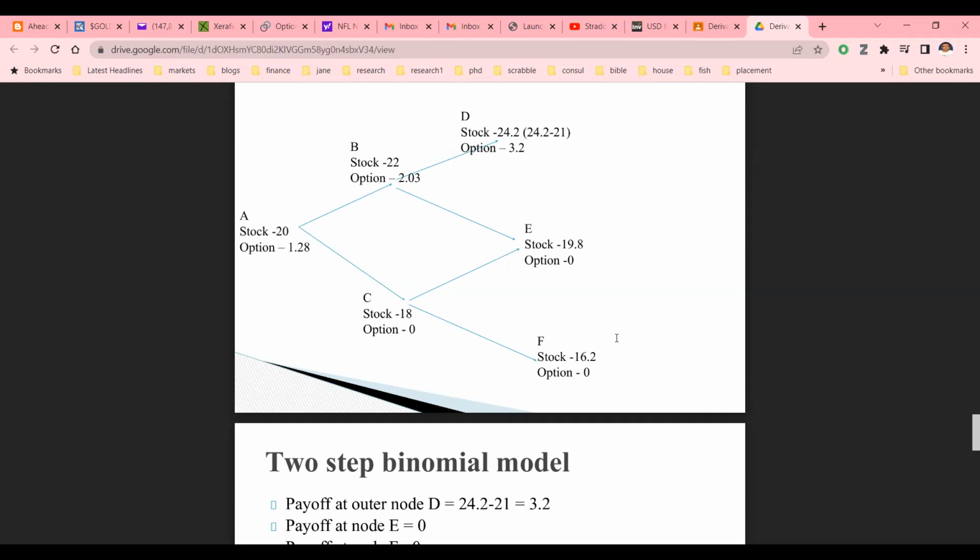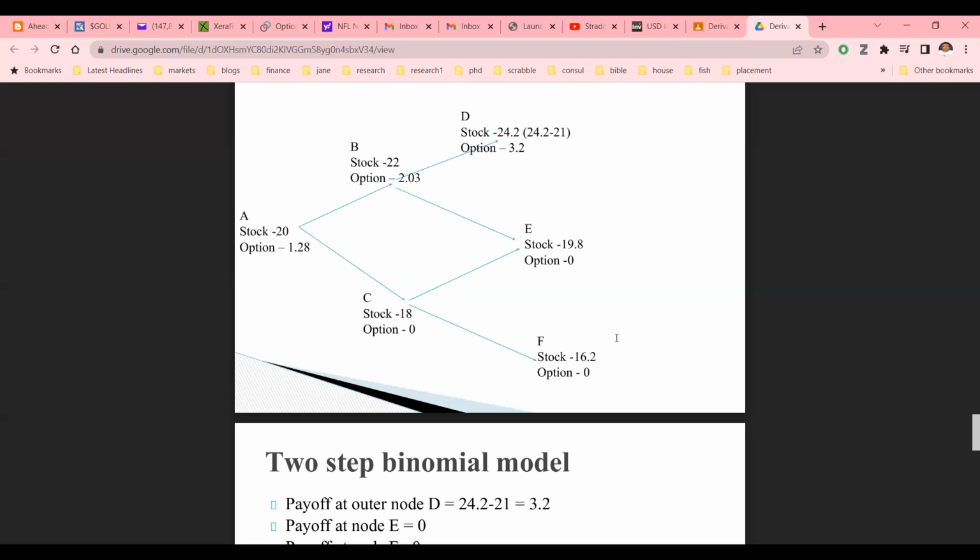Okay, so very simple question here. D, E, and F are at expiry, I said. And how do you calculate the value of the call option? Intrinsic value. So there is no time value here. How do you calculate? Difference between strike price and spot price. So basically market price minus strike price, or the stock price minus the strike price.